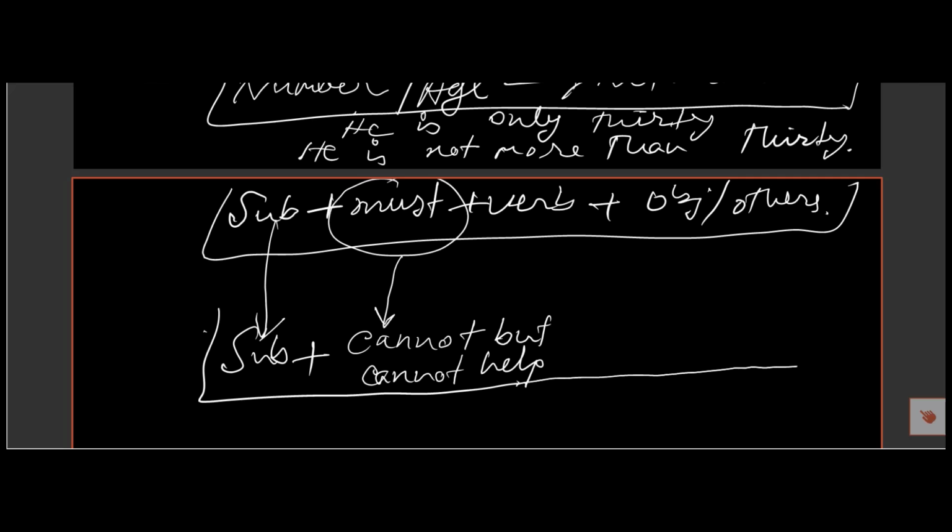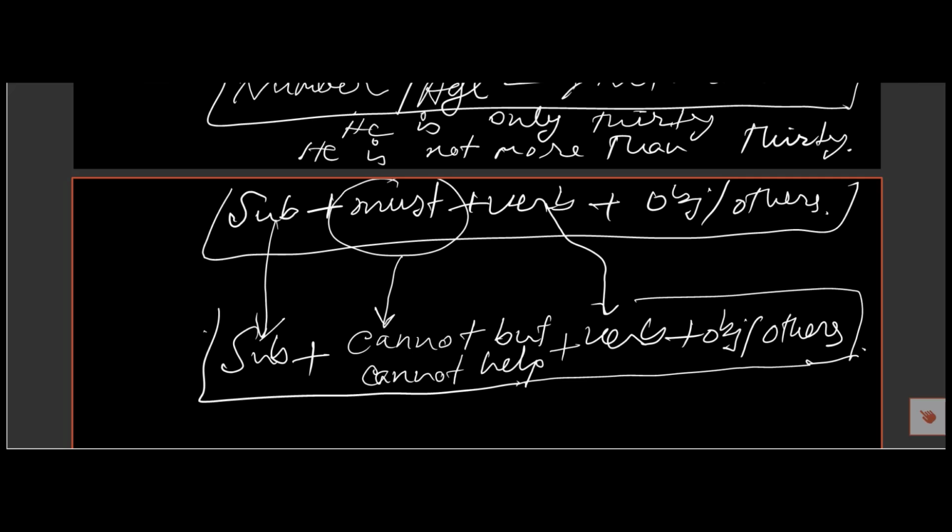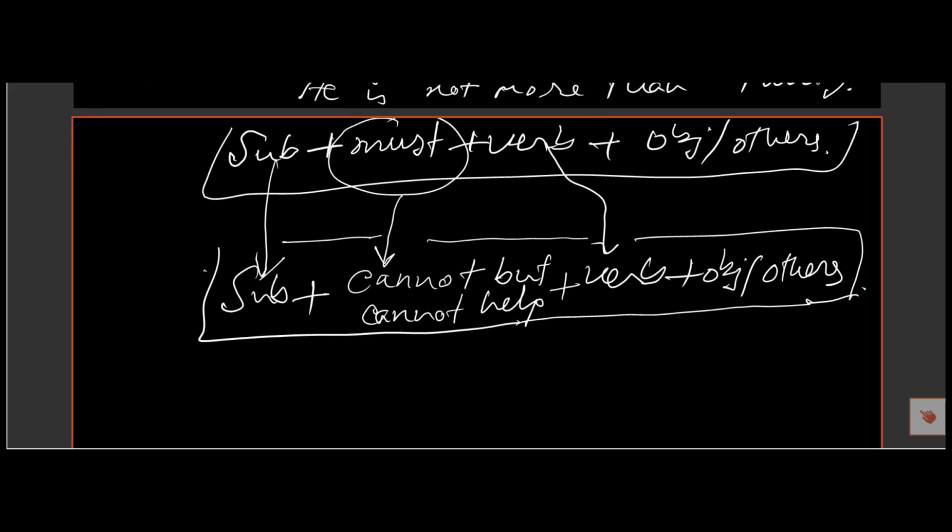Any one of these we can write, then verb, then object or others. This is the structure of negative if we find "must" in an affirmative sentence.